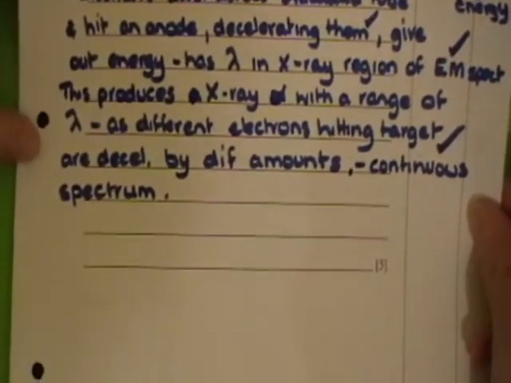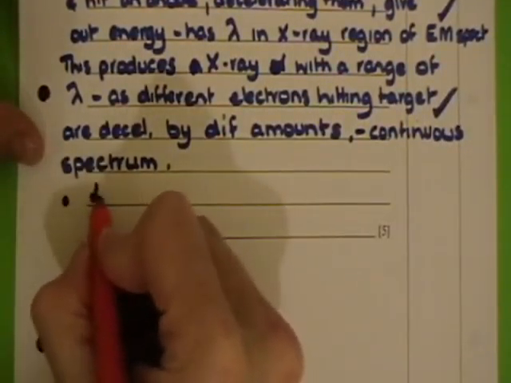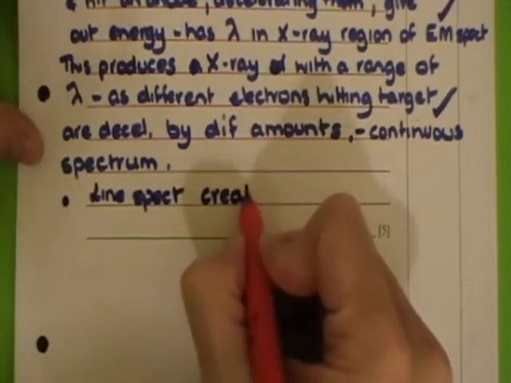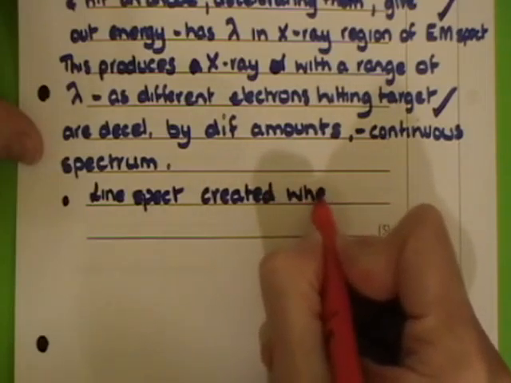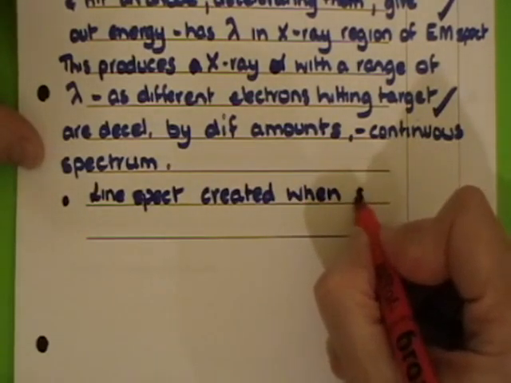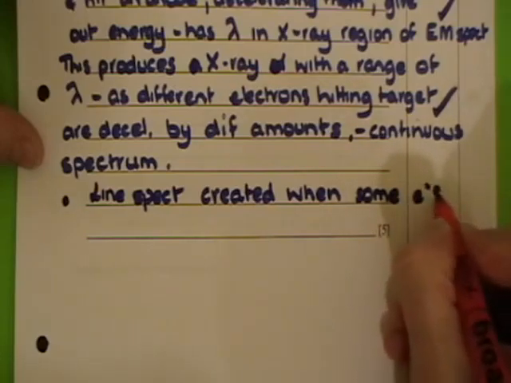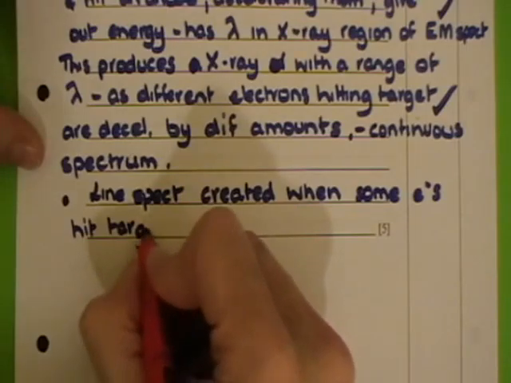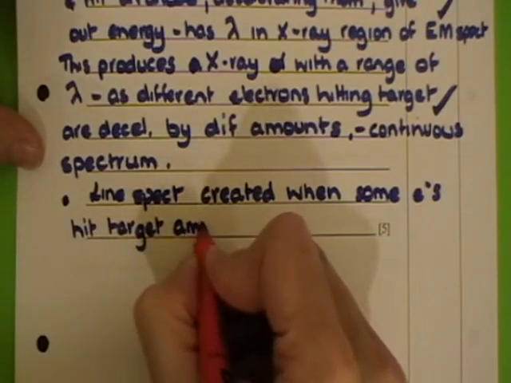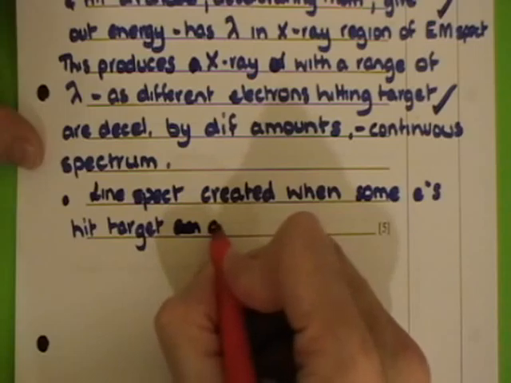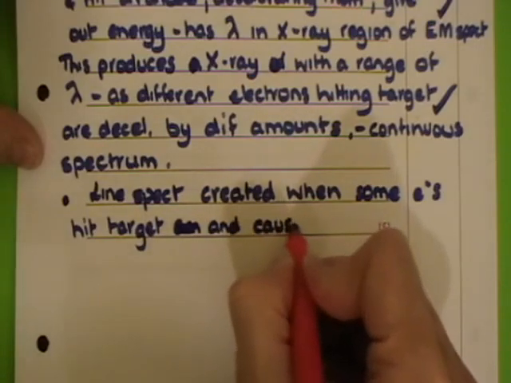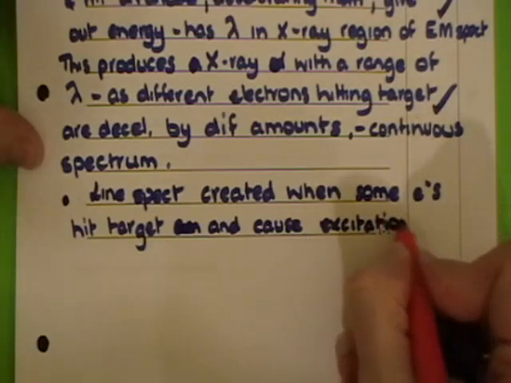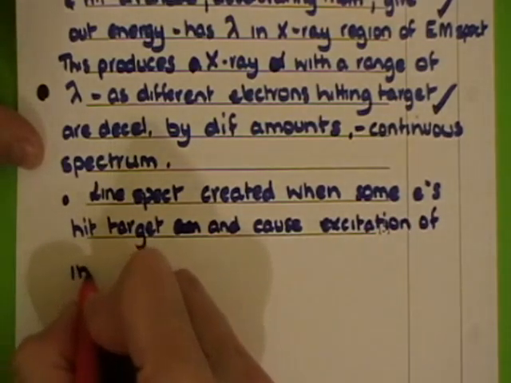Now, the line spectrum is created when some of the electrons going across a tube hit the target, which is the anode, and cause excitation of inner shell electrons.